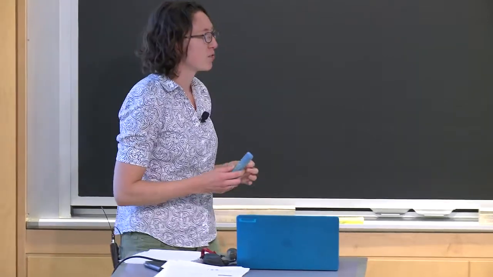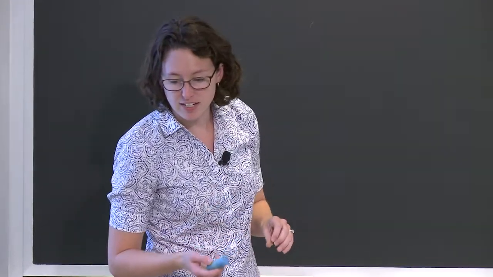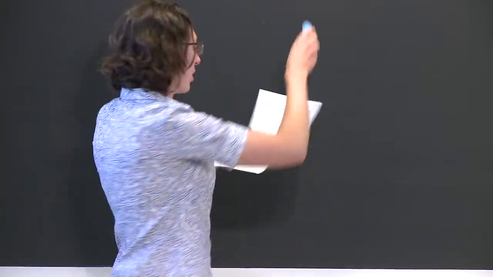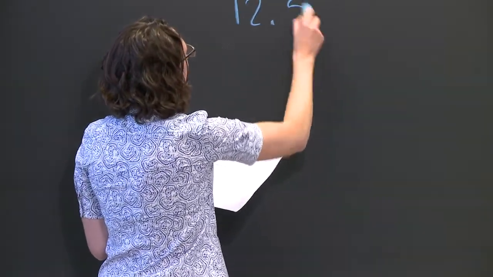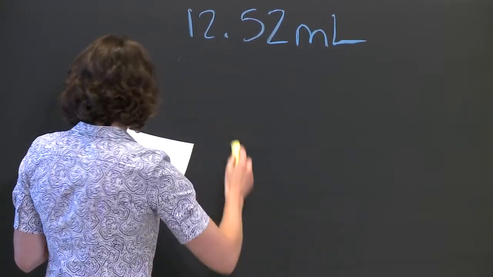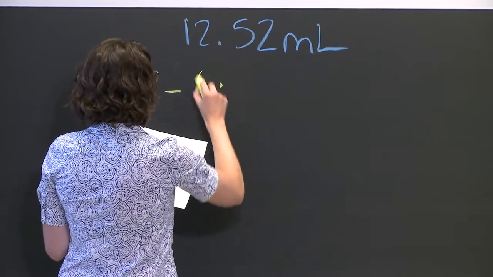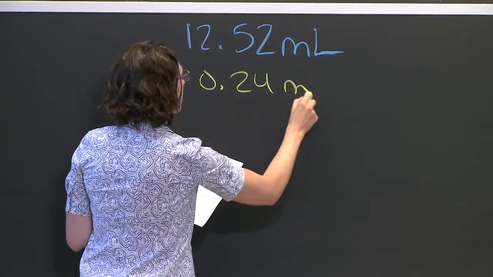So one of the ways that you could think about adding up the error in these measurements is just straight up adding the error. So for this first example, we have 12.52 milliliters. This chalk is no good. And then the volume by difference, we have 0.24 milliliters.